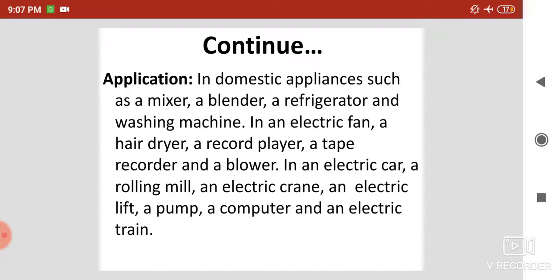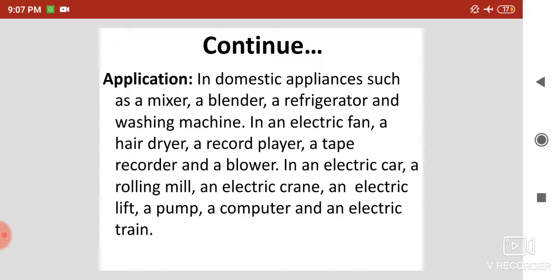Even an electric fan, a hair dryer, a record player, a tape recorder and a blower contain an electric motor. An electric car, a rolling mill, an electric crane, an electric lift, a pump, a computer, and even an electric train all run on the electric motor.